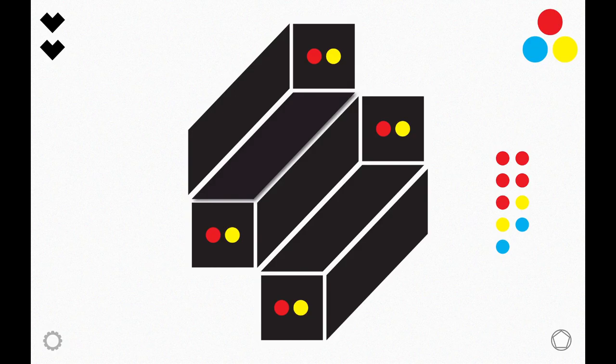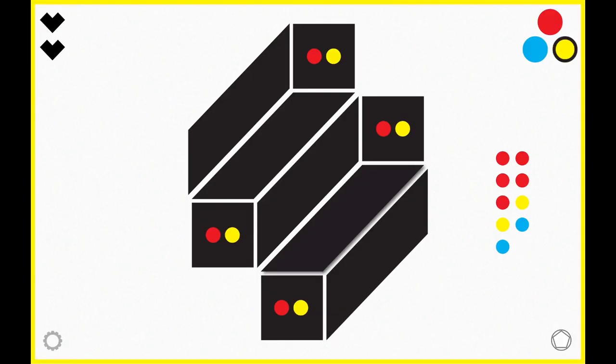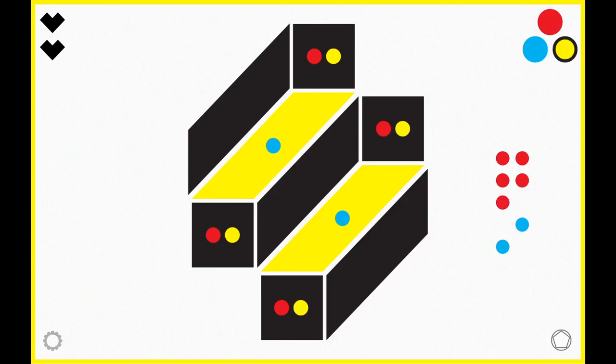If this one's yellow, then this one has to be red, which means this one has to be yellow, which means this one has to be red. Oh, there's only 2 yellows, so it has to be this one and this one. And then 1, 2, 3, 4, 5. Red, red, red.